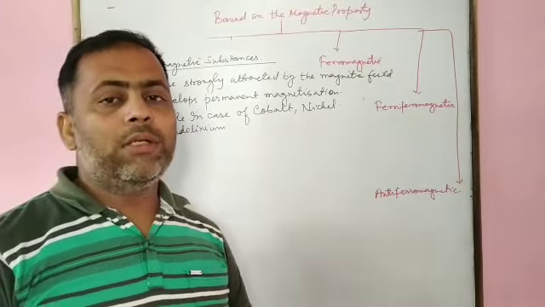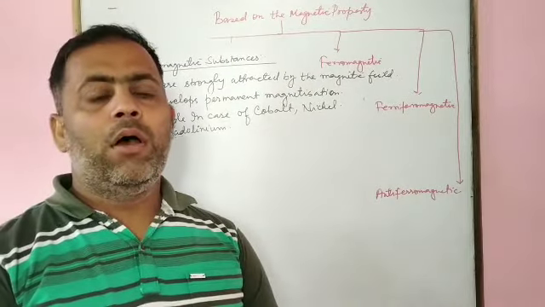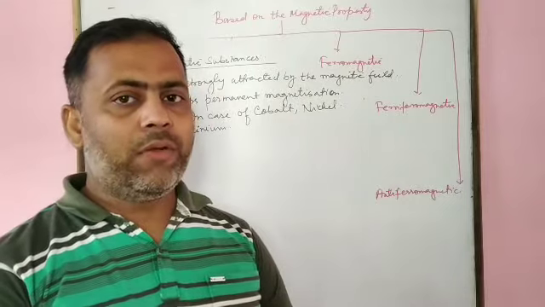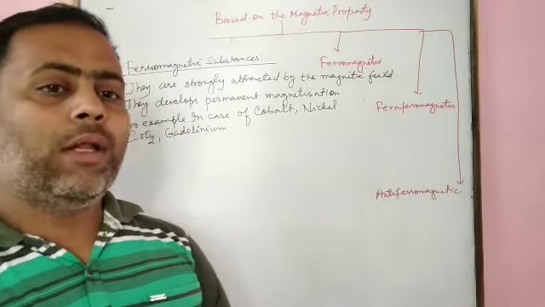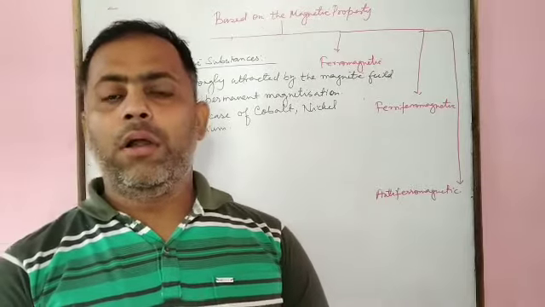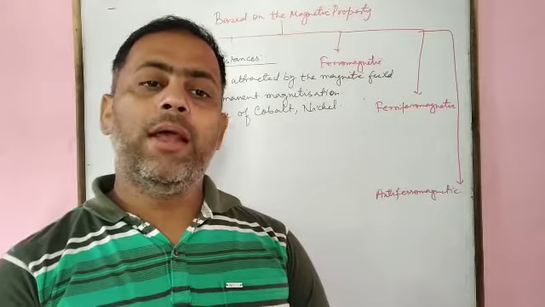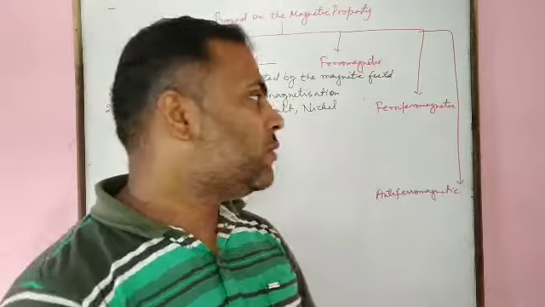On application of a magnetic field, these domains are aligned in a definite direction. Therefore, they have strong magnetic character. On removal of the magnetic field, the domains remain aligned as such. Therefore, they develop permanent magnetization. Let us discuss.